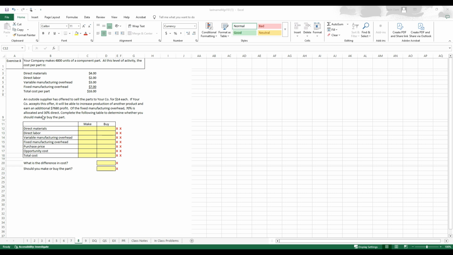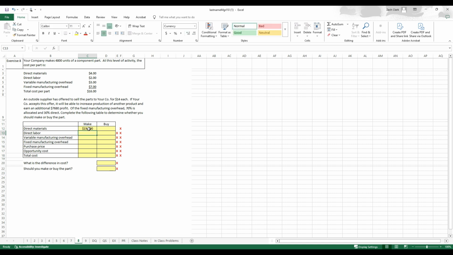Of the fixed manufacturing overhead, there's a 70% allocated and a 30% direct piece. The allocated piece, remember, won't go away, but the direct will. And yeah, let's start working through. So it's 4,800 parts, or units, I should say.